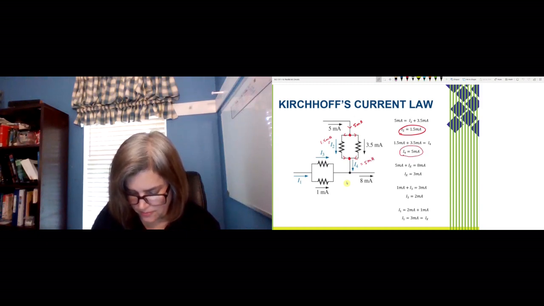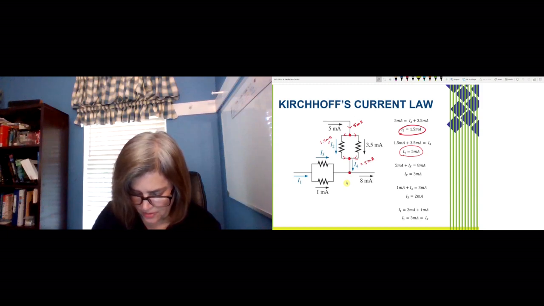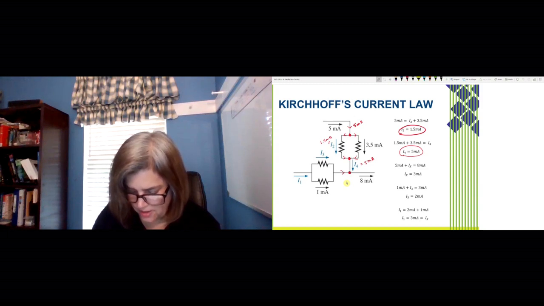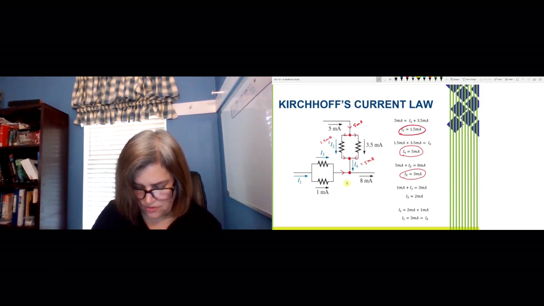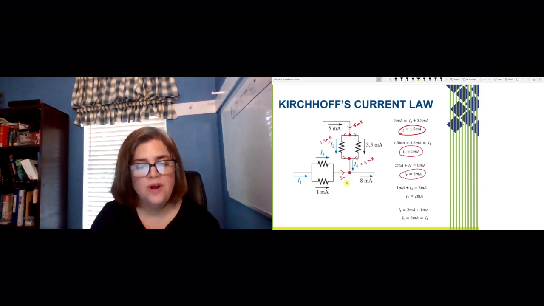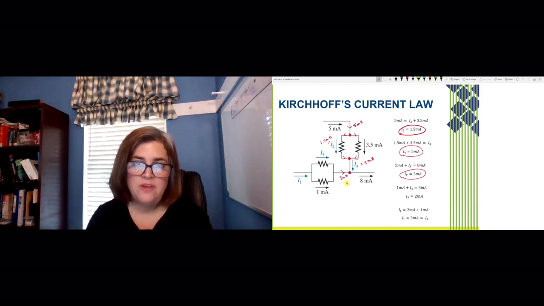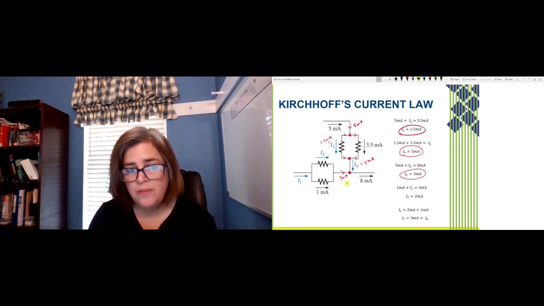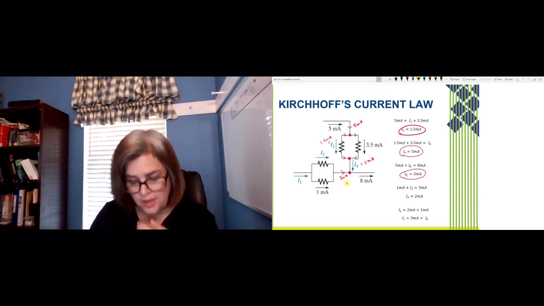We've got 5 milliamps coming in, 8 milliamps leaving this way. So we must have another 3 coming in from this direction, or KCL wouldn't work, right? If we have 8 milliamps leaving, we need a total of 8 milliamps coming into that node.